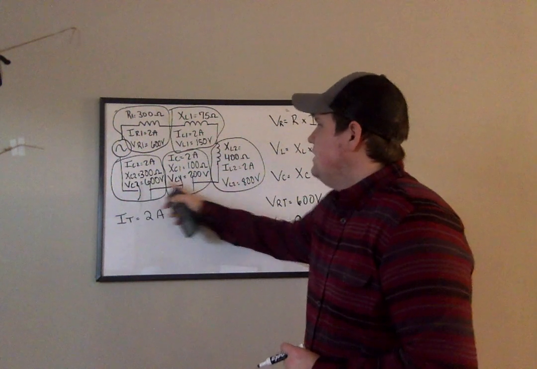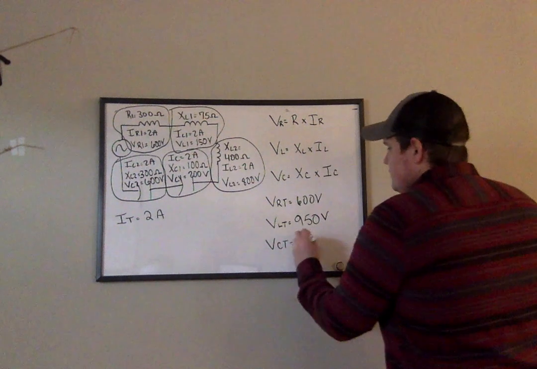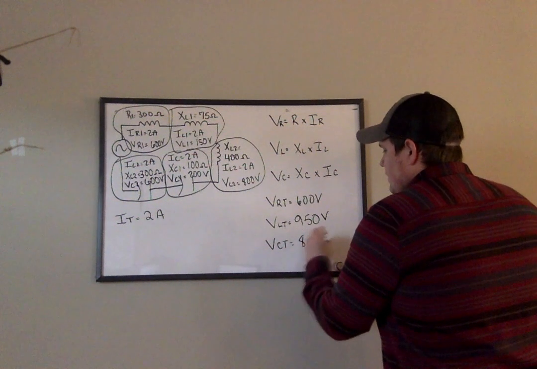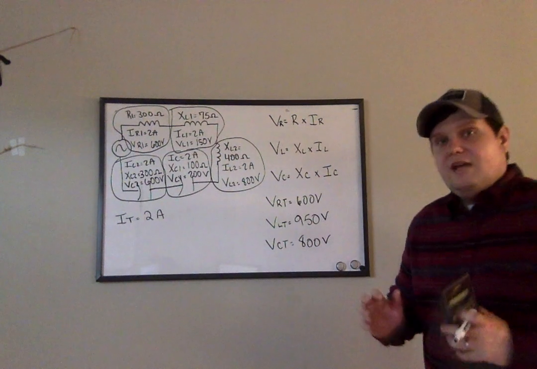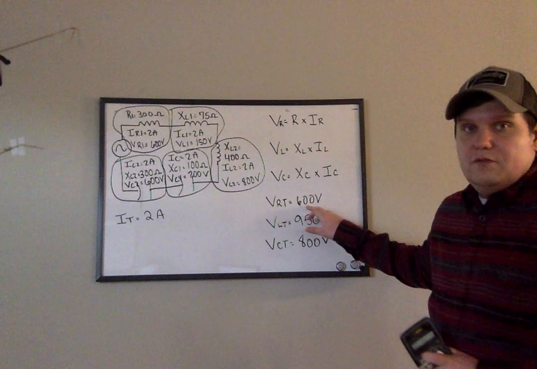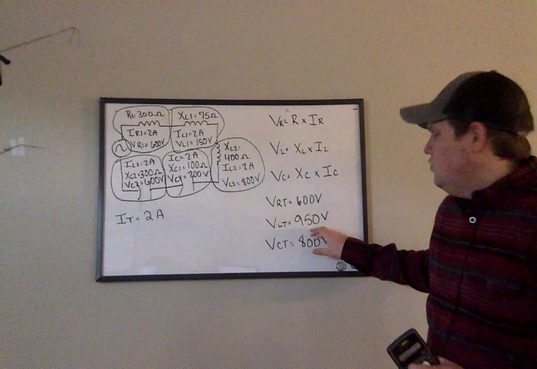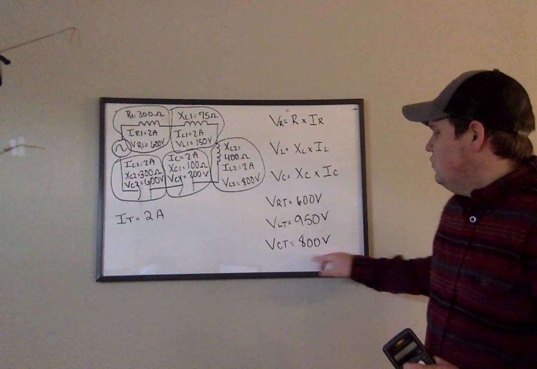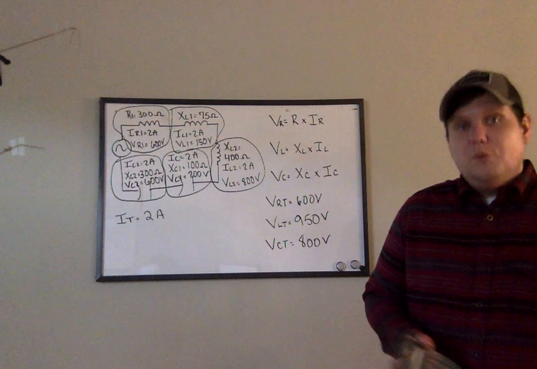I have 200 and 600, so that's going to be 800 volts. So I have a VR total of 600 volts, a VL total of 950 volts, and a VC total of 800 volts.